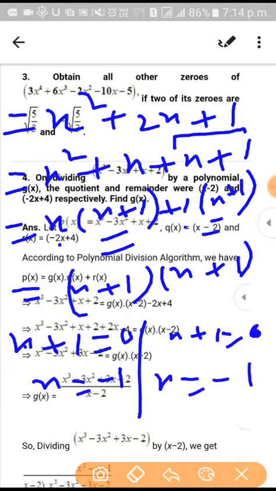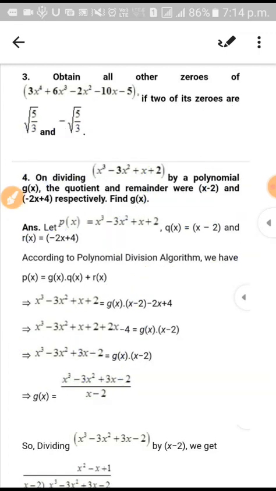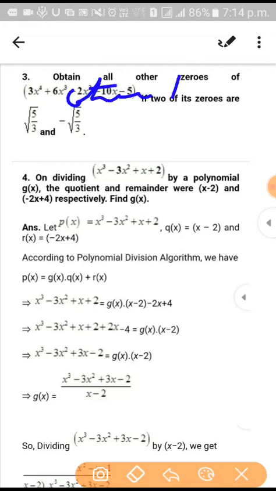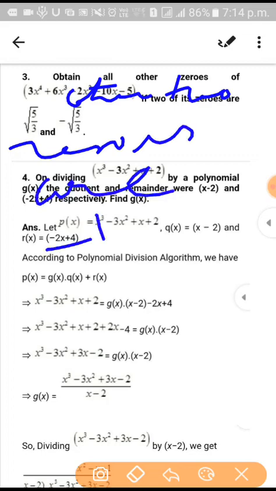Therefore, the other two zeros are minus 1, minus 1. These two are there and these two are there, four zeros, and what is the degree? 4. It means you are right. This is how you have to do these types of questions.